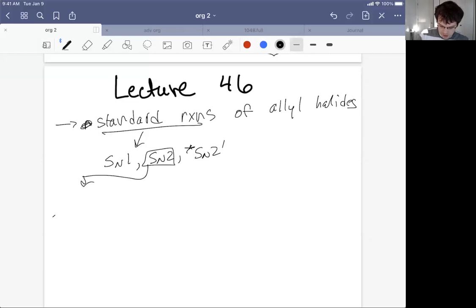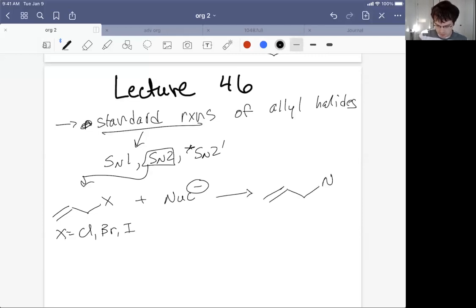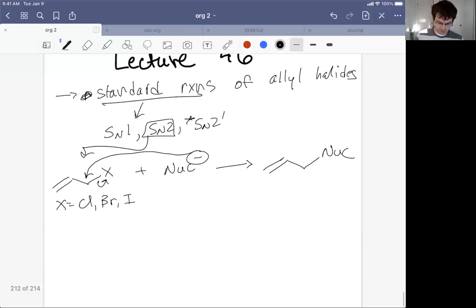So let's look at an allyl halide where X is equal to chlorine, bromine, or iodine. This can undergo substitution with a nucleophile, where the nucleophile displaces the X group to give rise to this species here. We could draw curly arrows for this, where the nucleophile attacks the carbon that's directly attached to the halogen atom.